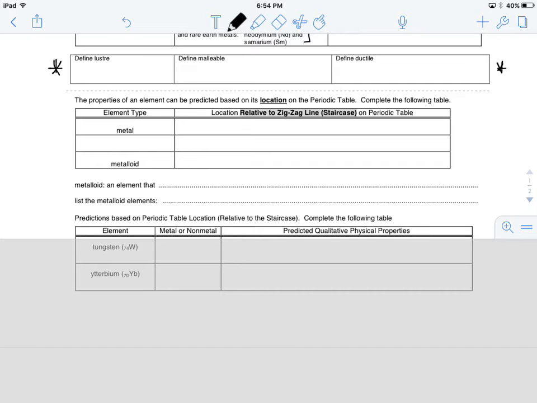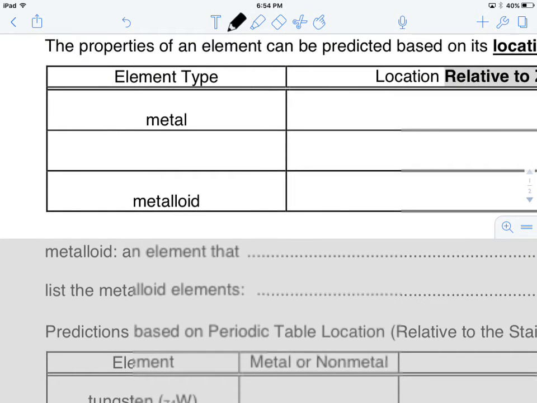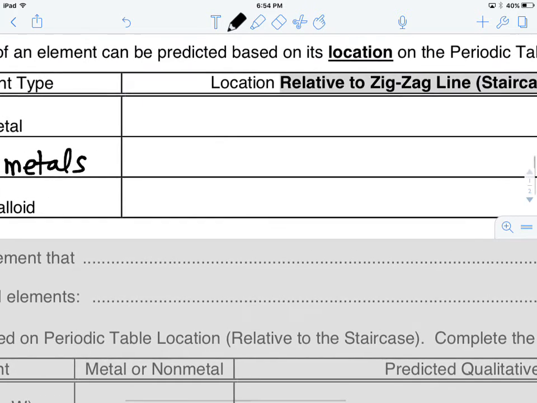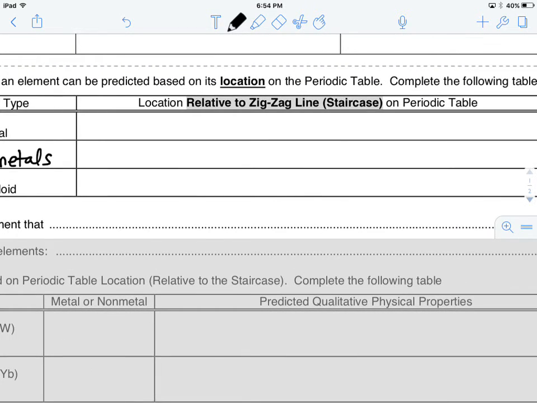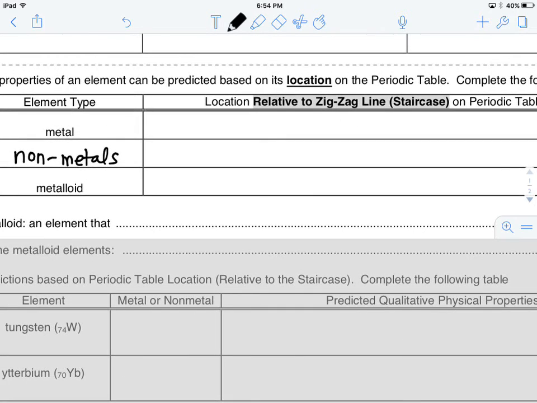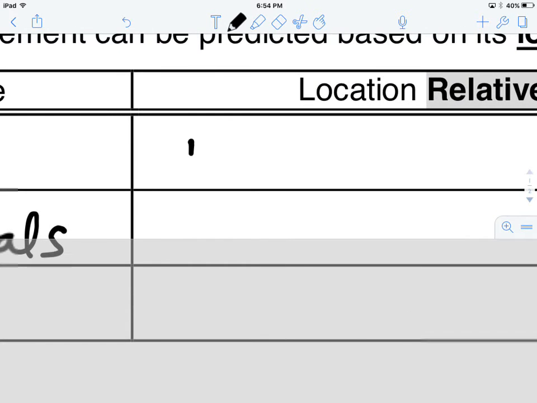The last thing that we're going to talk about is metals, nonmetals, and metalloids, and their placement on the periodic table. On the periodic table, there is a zigzag line. It's a staircase, and that is what separates the metals from the nonmetals. Metals are to the left of the zigzag.